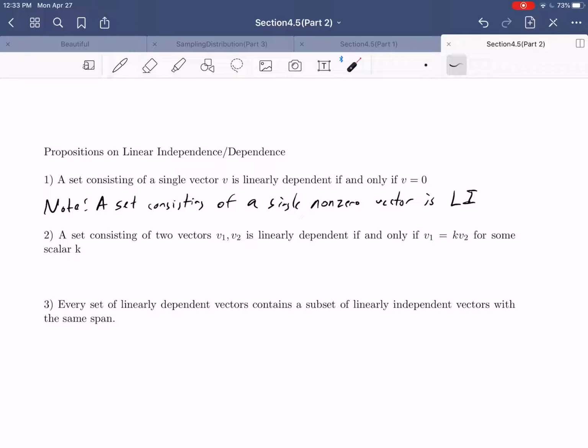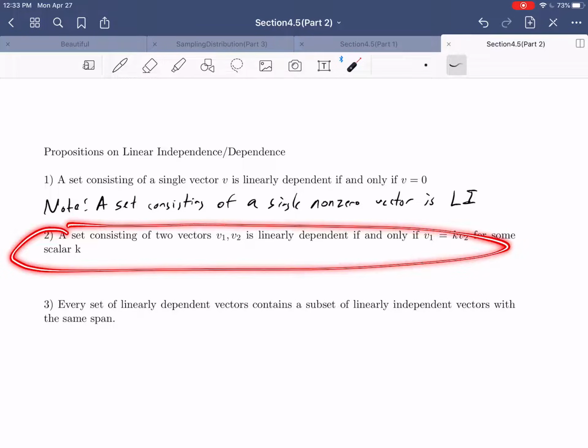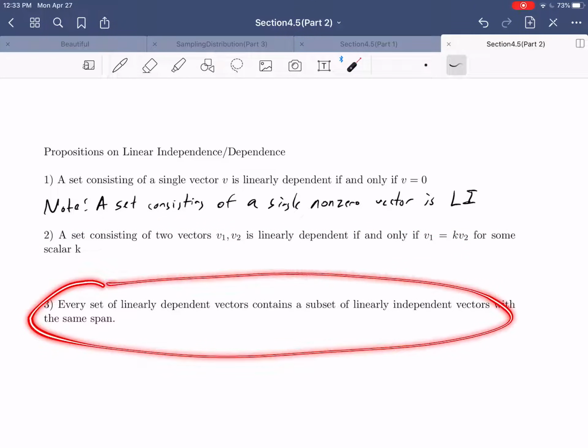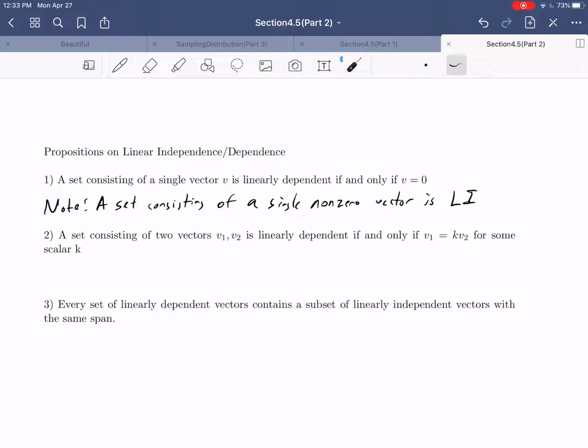If you have three or more vectors, then none of them might be scalar multiples of each other, but it is possible that they're still linearly dependent since they might be like a scalar multiple of one plus a scalar multiple of another. So just make sure you only apply this property to when you have a set of two vectors. All right. The third proposition here is perhaps the most important, and it's the one we're going to actually use a lot in the future.